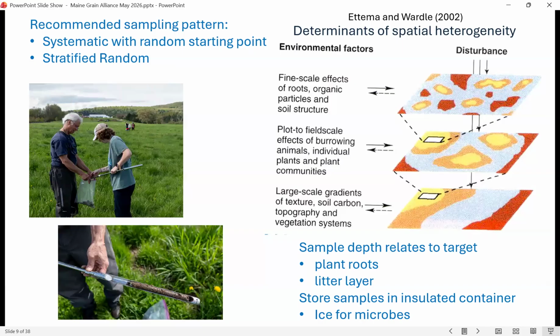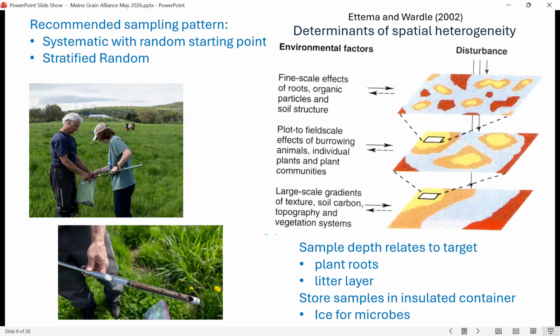So when we're trying to sample these aggregated, patchy systems, it's really important to use what we would call a systematic design. And systematic means it's very consistent, and I usually think consistent spatial distance between our samples or our cores, so that this is a way of reducing bias. So when I'm looking at biology, I use a random starting point, so that I'm not biased as to where I go and maybe take my core.